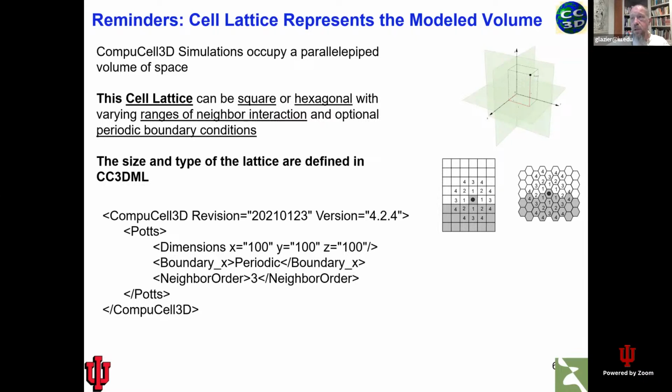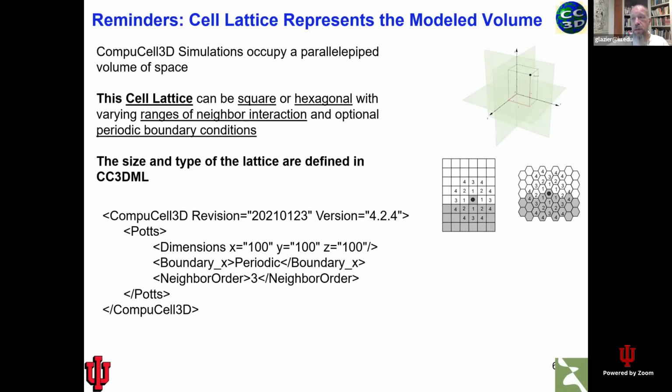Couple of key concepts. One of the things we talked about in the past few days, Julia enunciated, I think, very clearly, is the concept of the model universe, the lattice that the cells live in, and also the chemical fields. And the idea that that lattice could be two-dimensional or three-dimensional, it can be square or hexagonal lattice, and it has an intrinsic concept of a neighbor order. And that neighbor order could be nearest neighbor, the 4 nearest neighbors, the 8 second neighbors, I'm talking now in 2 dimensions, the 12 third neighbors, the 20 fourth neighbors.